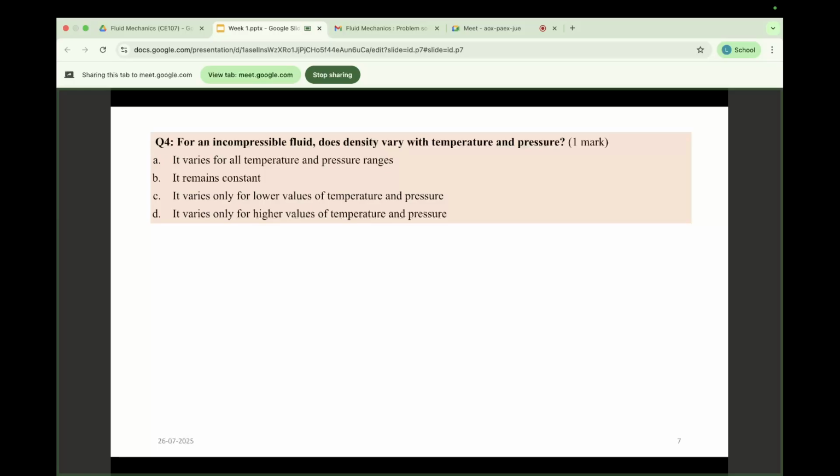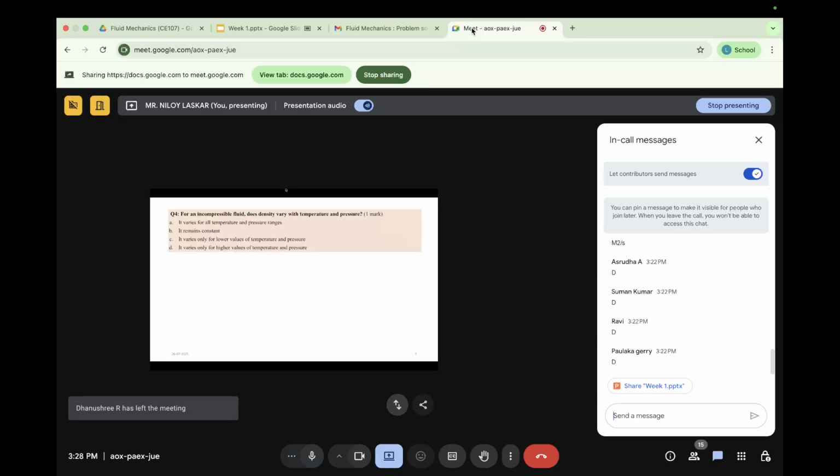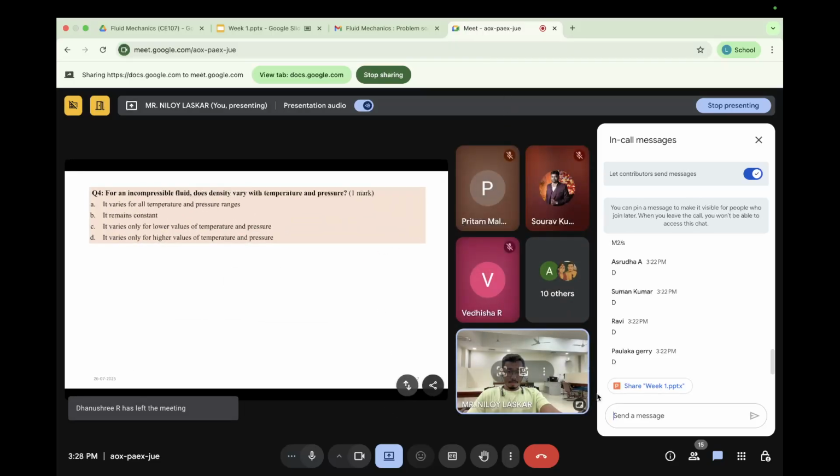I have explained incompressible fluid a little while ago, so I think most of you can answer it. I am giving you 1 minute. Please try to answer.